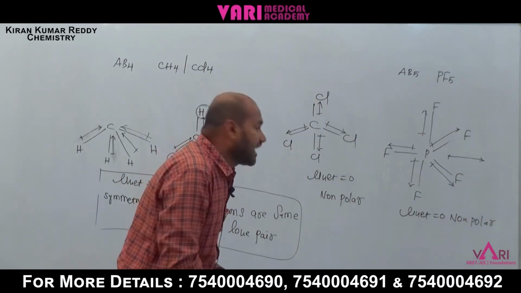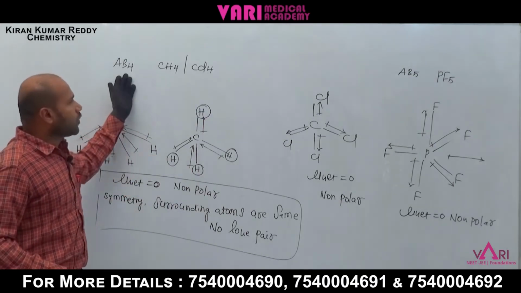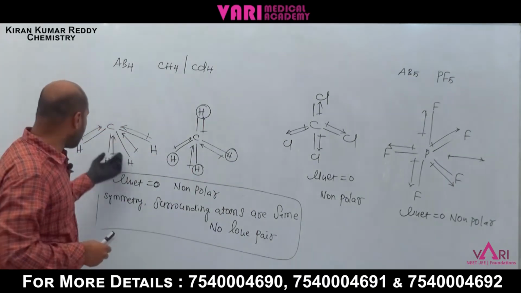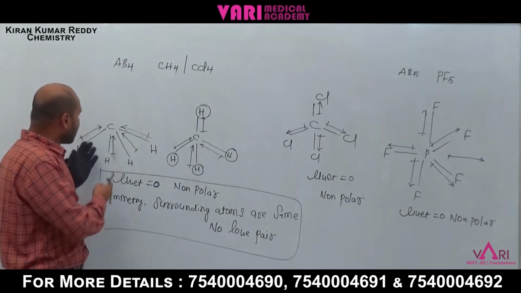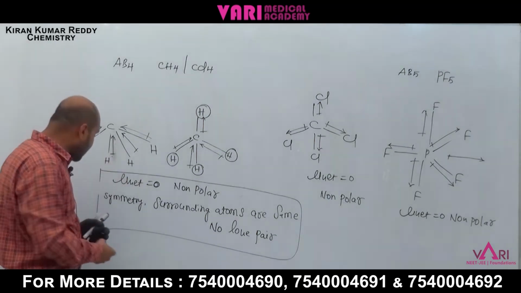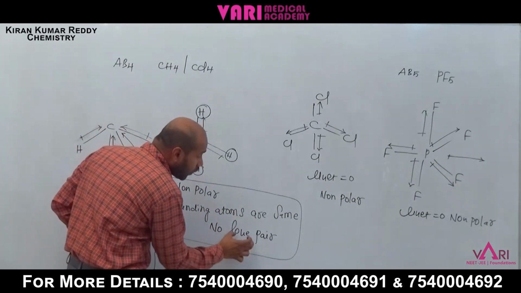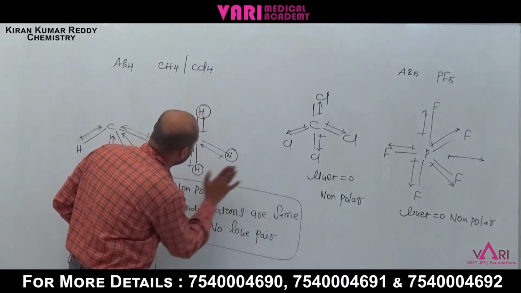In PF5, these are the examples of AB4 and AB5. Understand this one? The directions are opposite, that's why this mu net is 0. The condition is symmetry and surrounding atoms are same. No lone pair is present. Here also no lone pair.